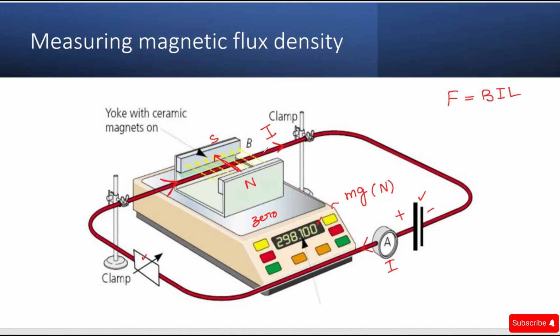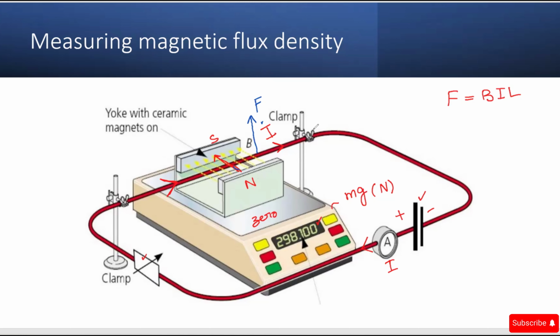In which direction? For that, we will use the left hand rule. First finger along the field, second finger along the current, and the thumb, that you can see is upwards here. So this is the force that this bar magnet will apply on this wire.